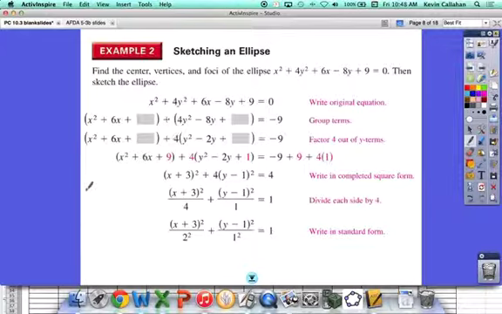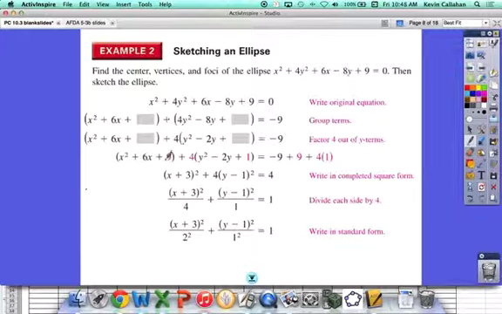Okay, once both of these quadratics inside the parentheses have a coefficient of 1 on the x squared and y squared, now you got to go through that thinking of half the middle term squared is what goes into that spot. Right? Half of 6 is 3. 3 squared is 9. So they added 9 here.